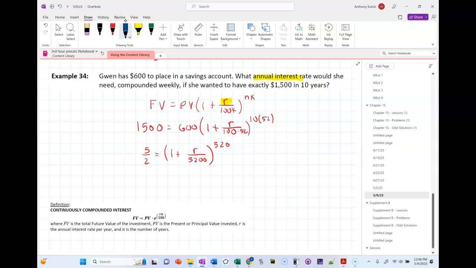How do I do that? You gotta do the ln thing. No. Because I'm not trying to cancel the exponent base, right? That's got the variable in it, not a reciprocal. Well, if that was just a 2, how would I get rid of an exponent of 2? A square root. So what kind of root am I going to use to get rid of an exponent of 520? 520th root.